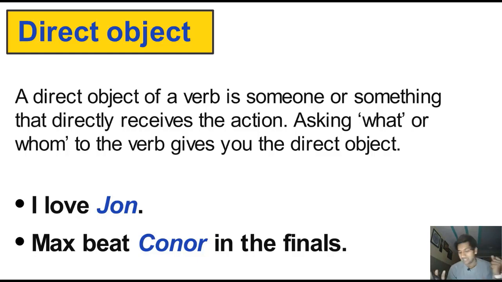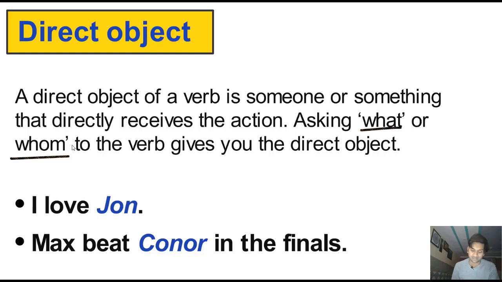Get the point? It is something or somebody that receives the action directly. All right, direct object. A direct object of a verb is someone or something that directly receives the action. Asking what or whom to the verb gives you the direct object.